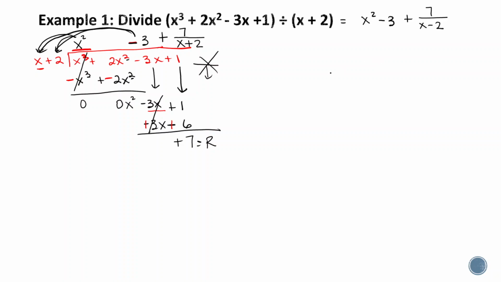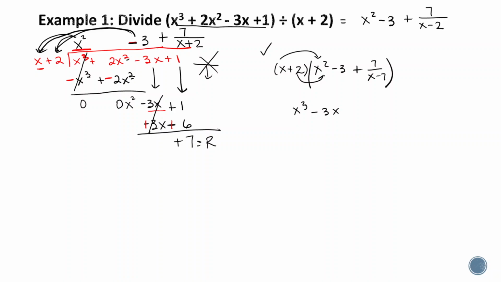Now, if you wanted to check your work, the check would work by taking the x plus 2 and multiplying by the result that we got. And when I do that multiplication, I should get back to this original dividend. So when I do this, we're going to multiply this out, and that gets me x cubed minus 3x.